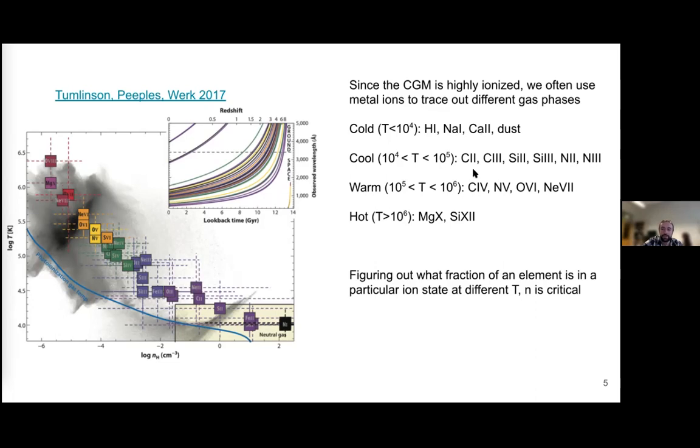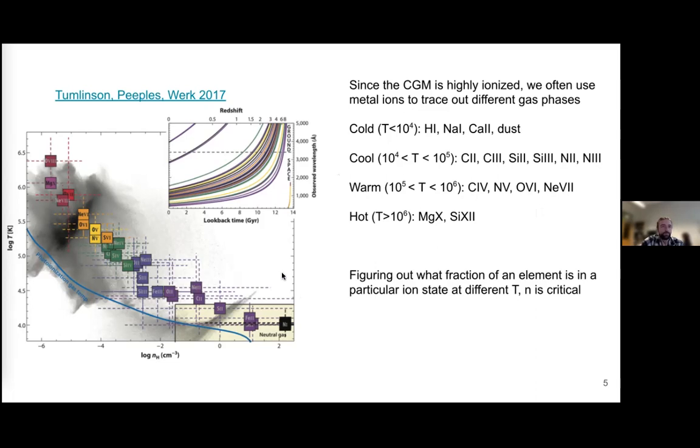Cool gas is low ionization states, warm gas is higher ionization states, hot is very high ionization. By the way, the terminology works here is that the ionization state is denoted by a Roman numeral. So oxygen 1 would be non-ionized oxygen, oxygen 2 would be ionized once, all the way up to oxygen 9, which has lost all of its electrons, and now it can't be ionized any further.